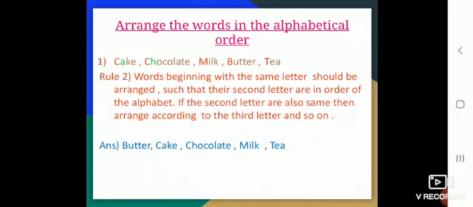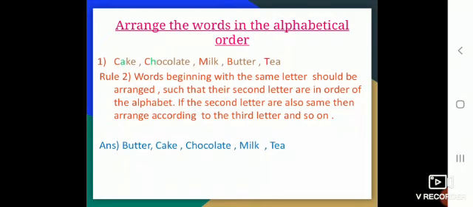Okay. So our first task would be, we will arrange them according to the first letter. If the first letters are the same, we move on to the second letter, and if they are also the same, then we must move on to the third letter and so on.